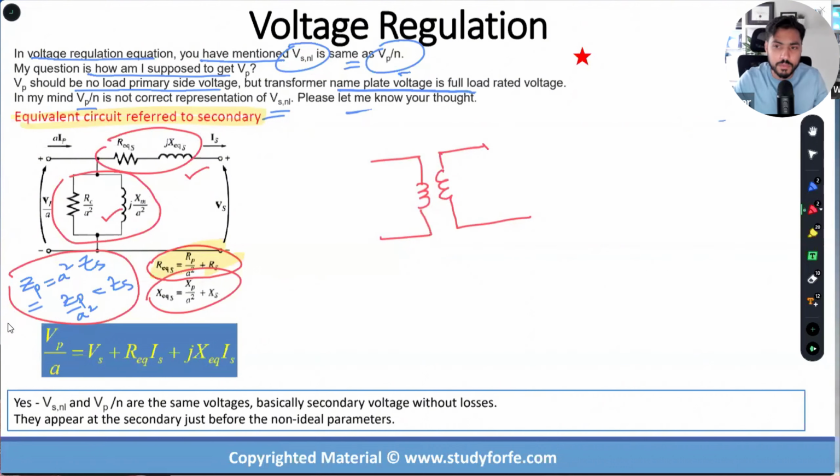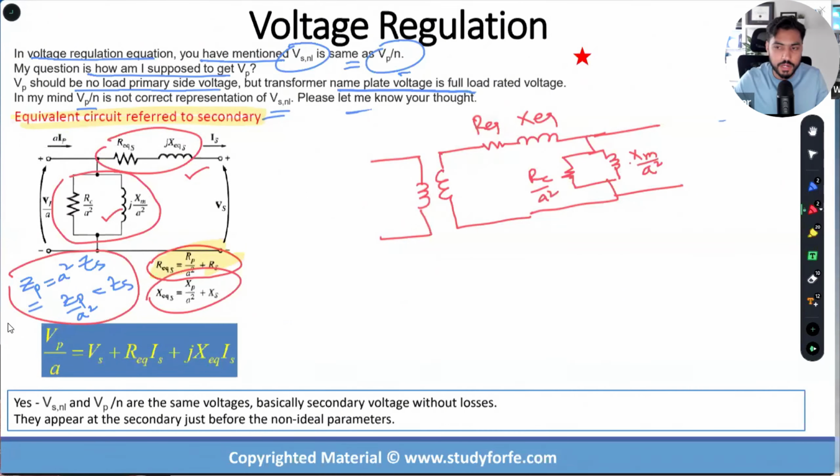Actually, let me draw it and then it will make sense for you. So should I do this on the secondary? This is R equivalent, X equivalent. This is RC by A square. This is XM by A square, right? And you can throw a J, whatever, it doesn't matter. It does matter as to how you handle it later on in the formulas and equations, but you get my point. Or should I show it like this?